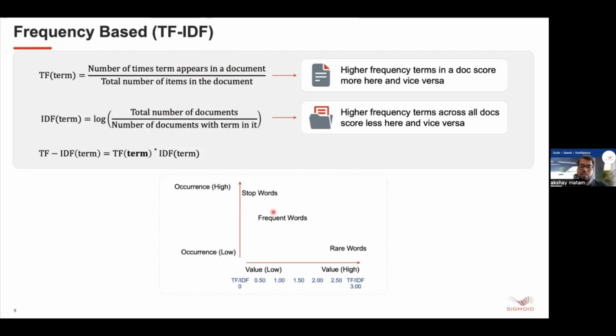That is where those keywords are repeated across the documents, and with the help of the IDF term, we are going to reduce the importance or the scores of those keywords. And the TF term will increase the scores of those keywords which are higher in number within a single document. So rare words are represented with a higher value, and the frequent words which are repeated across the documents will be represented with a lower value.